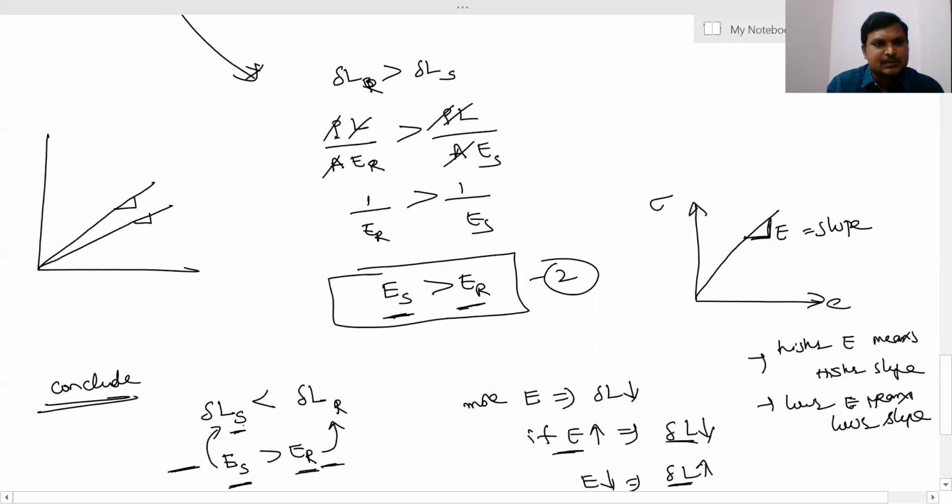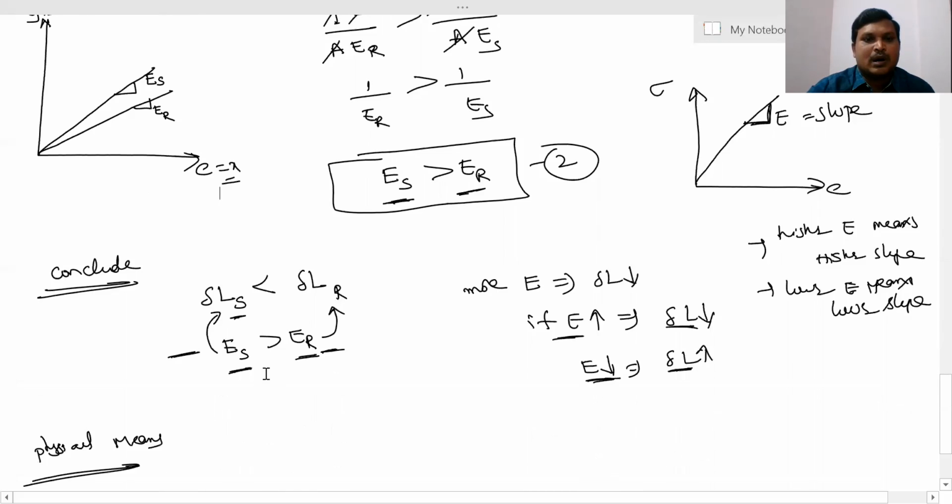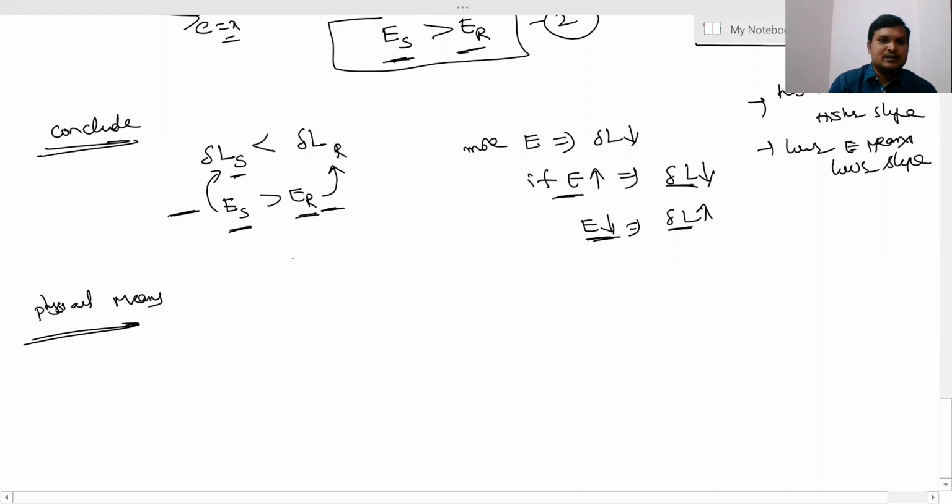This is the Young's modulus of steel, and this is the Young's modulus of rubber. So a higher Young's modulus material is always near the y-axis, which is sigma, and a lesser Young's modulus material is always near the x-axis. Is it clear?